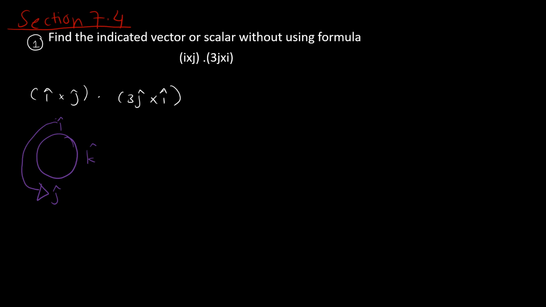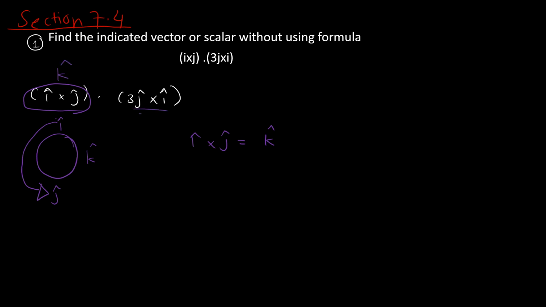We're going in the counterclockwise direction. Remember I just told you counterclockwise direction means positive. So it leads to positive k hat. So the answer to this gives us k hat.